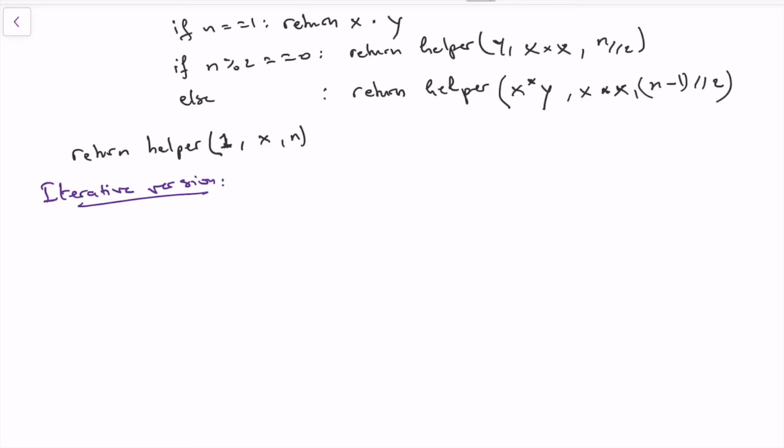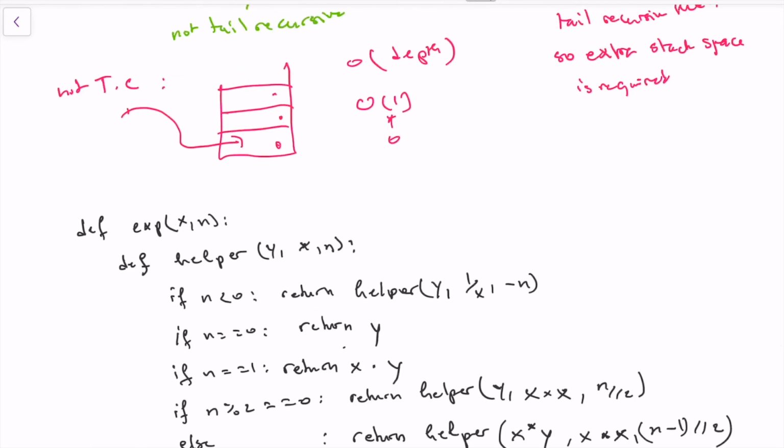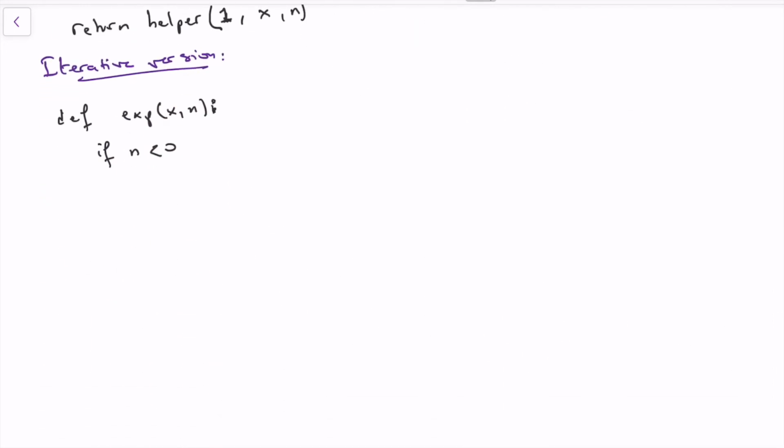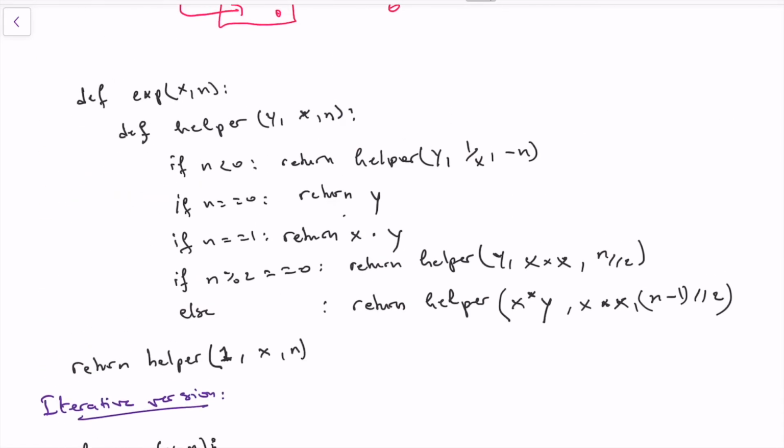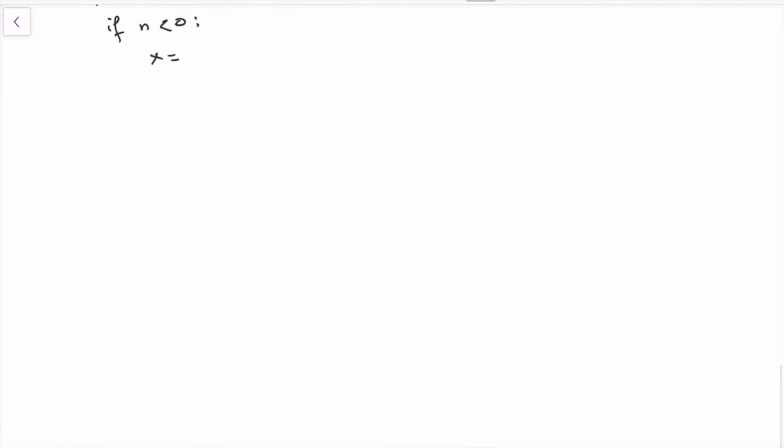So for our iterative version, let's first define the function, which just gets x and n. And what we have is, if n is less than 0, we need to just do this. But since we are not recursively calling the function, let's just change the values. And so x becomes what we were passing before, right? Which is 1 divided by x.